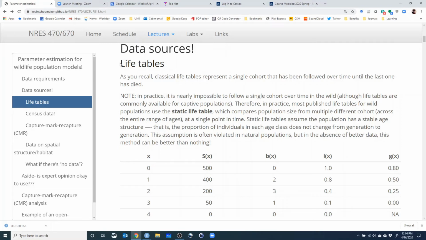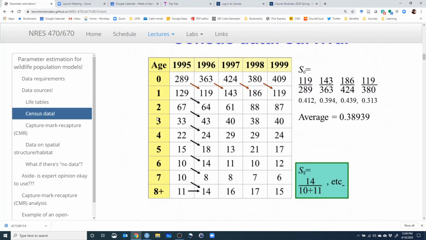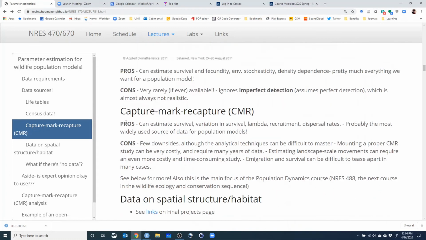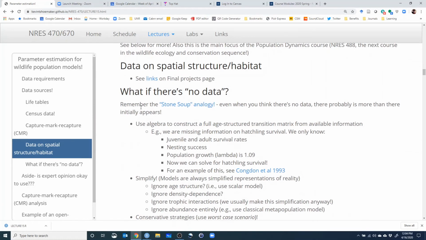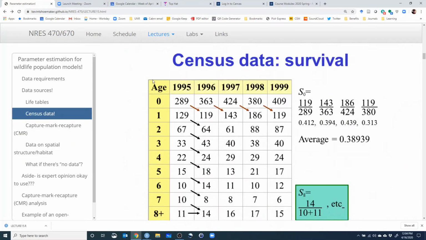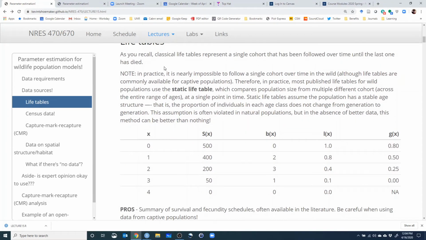And so we'll mention them again here. And I'll talk about what's called census data. I'll talk about mark and recapture data. All right. And then I'll talk about the case of no data, which many of you are dealing with in your final projects. So let's go back to the data sources, life tables.